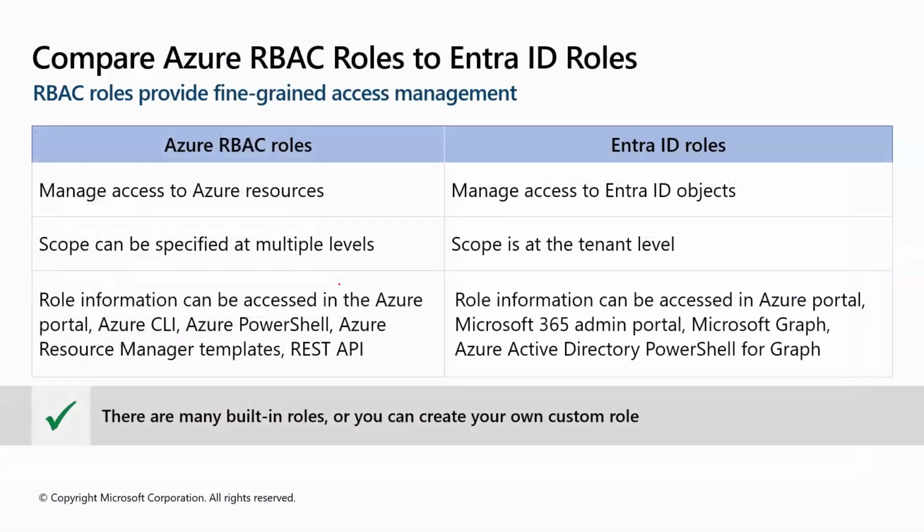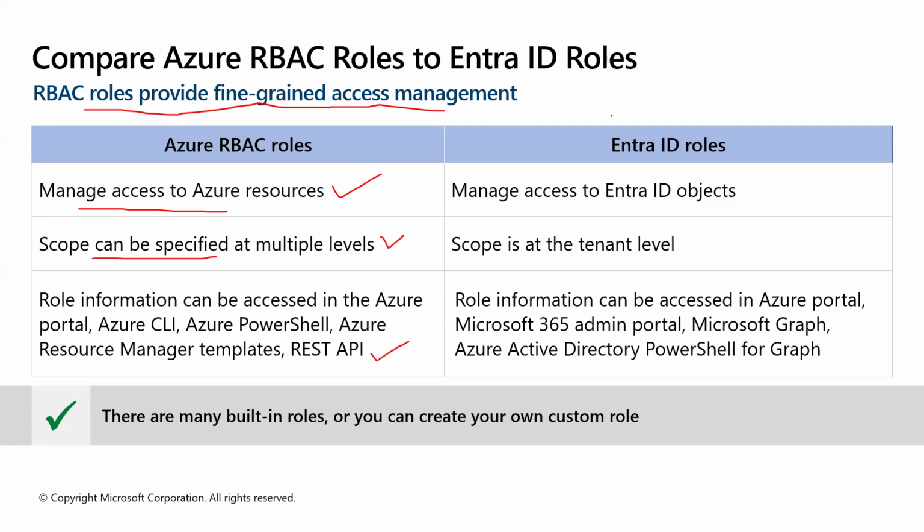Now when it comes to RBAC, what does RBAC do? RBAC provides fine-grained access management, manages access to the Azure resources. Scopes can be specified at multiple levels. Role information can be accessed through your portal, through CLI, through your PowerShell, through your Resource Manager template or REST APIs.